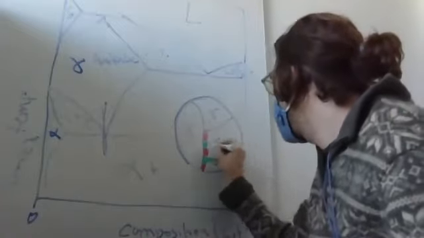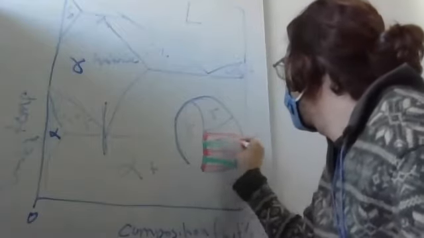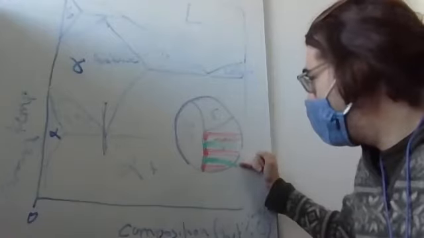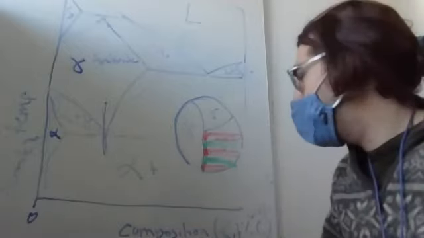And what we're going to get is stripes of the repeating, high carbon cementite, low carbon ferrite, high carbon cementite, low carbon ferrite. And when you get this striped microstructure, we call that perlite.